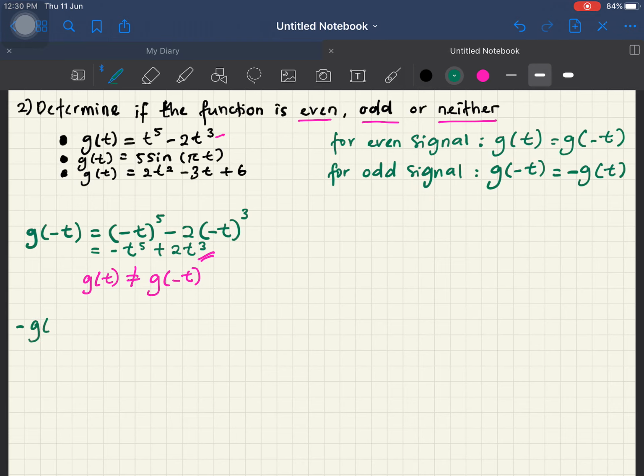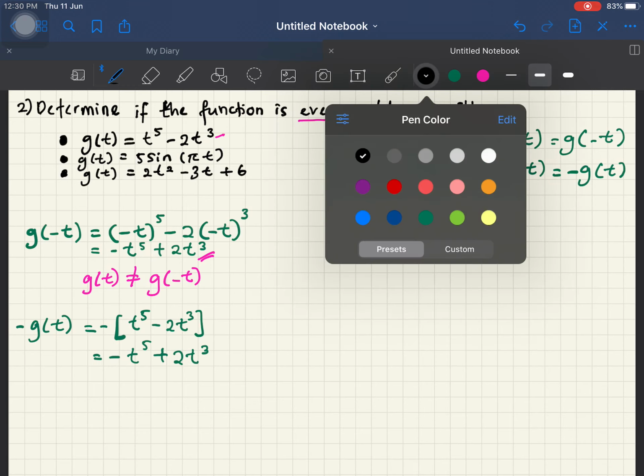Now let's try minus g of t, which is simply minus 1 multiplied by t to the power of 5 minus 2t cubed. If you multiply, you will get minus t to the power of 5 plus 2t cubed.